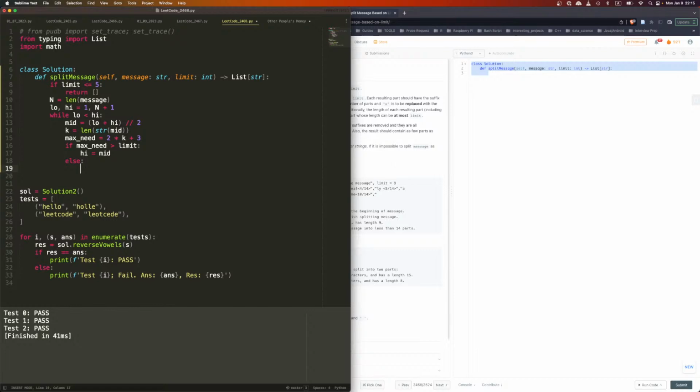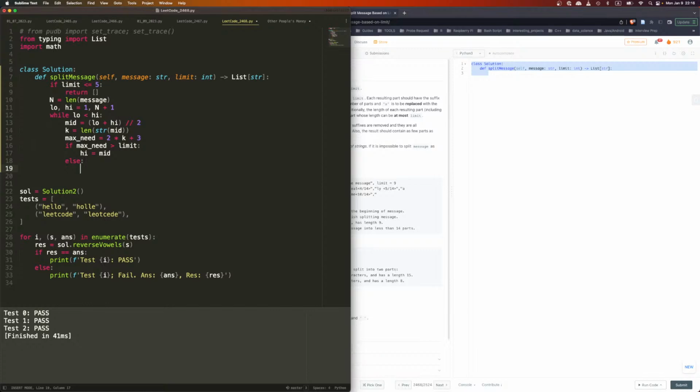Then we need to see if the total added together is going to fit. So basically, we are going to give it a range. It has to be in this range. If it's in this range, then we're good.